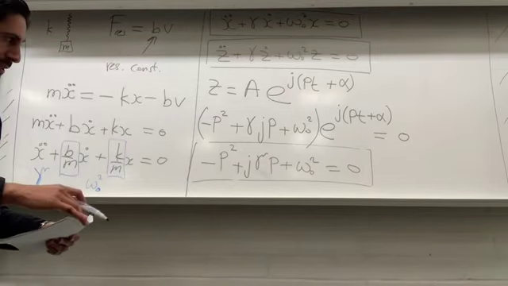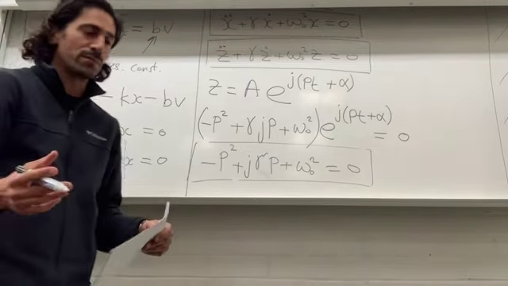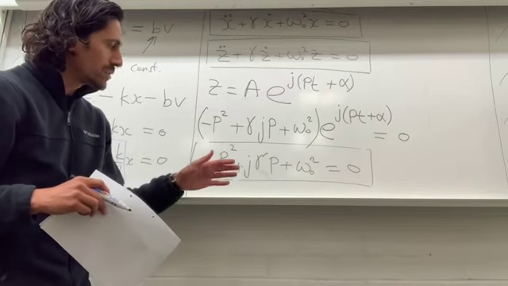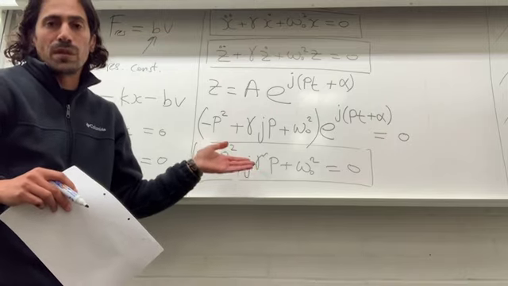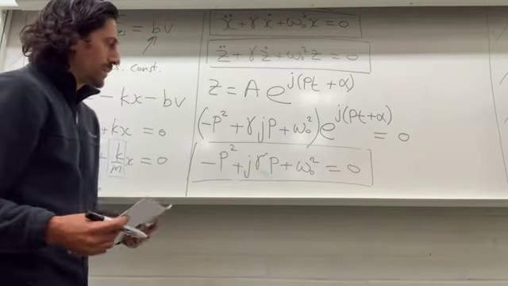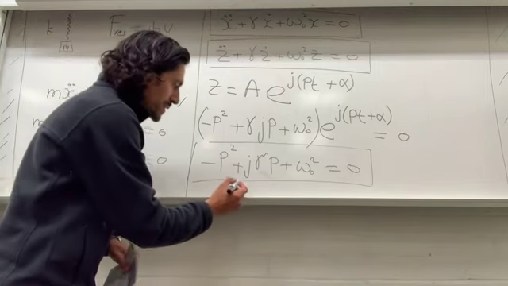The other possibility is that gamma equals 0. That actually drops the problem completely, because if gamma equals 0, there is no damping at all, and we're looking at the scenario where we do have damping. So how do we deal with this?